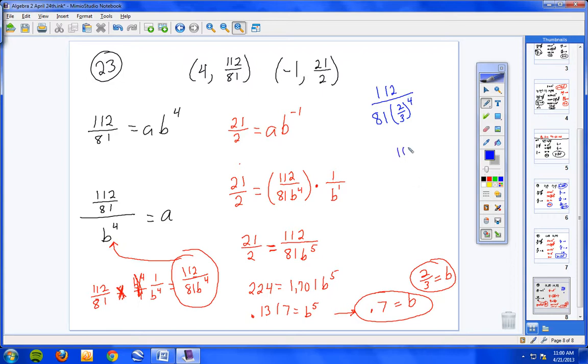First of all, I would have 112 over 81 times 16 over 81. Your calculator will do that for you guys. 2/3 in parentheses to the 4th power. And now take 81 times 16 over 81. Your calculator will do that for you. You will get 16. And then 112 divided by 16 will give you 7.